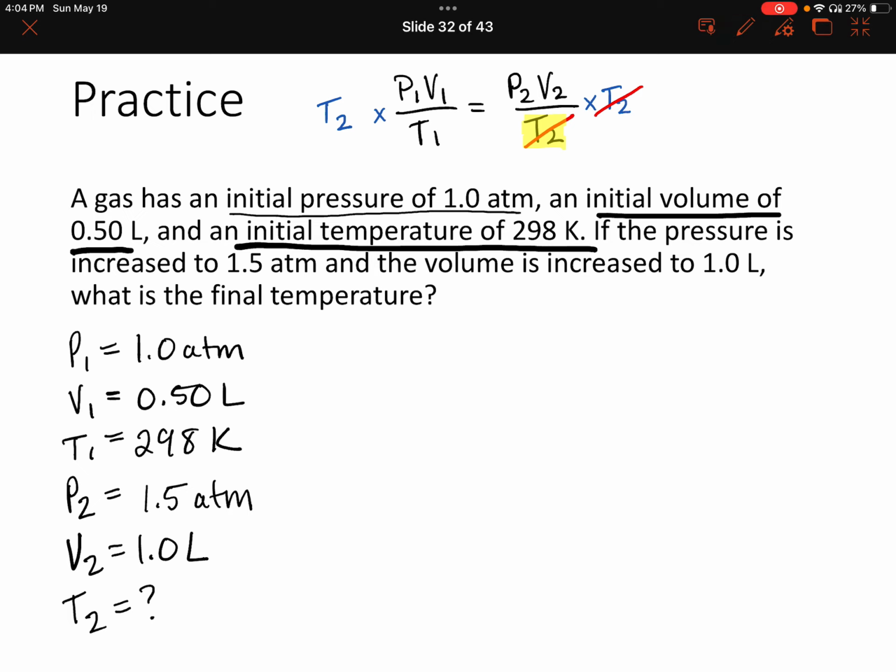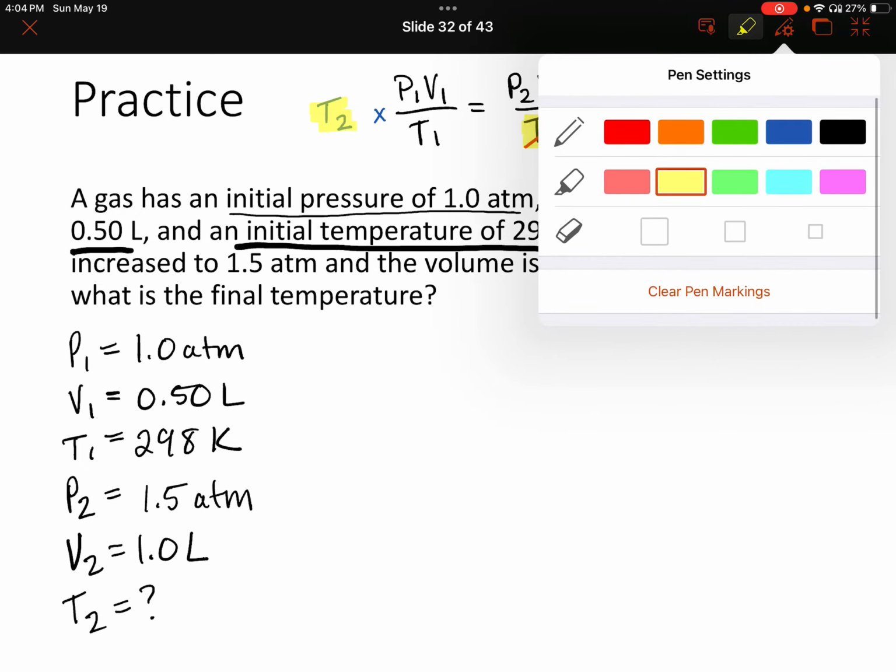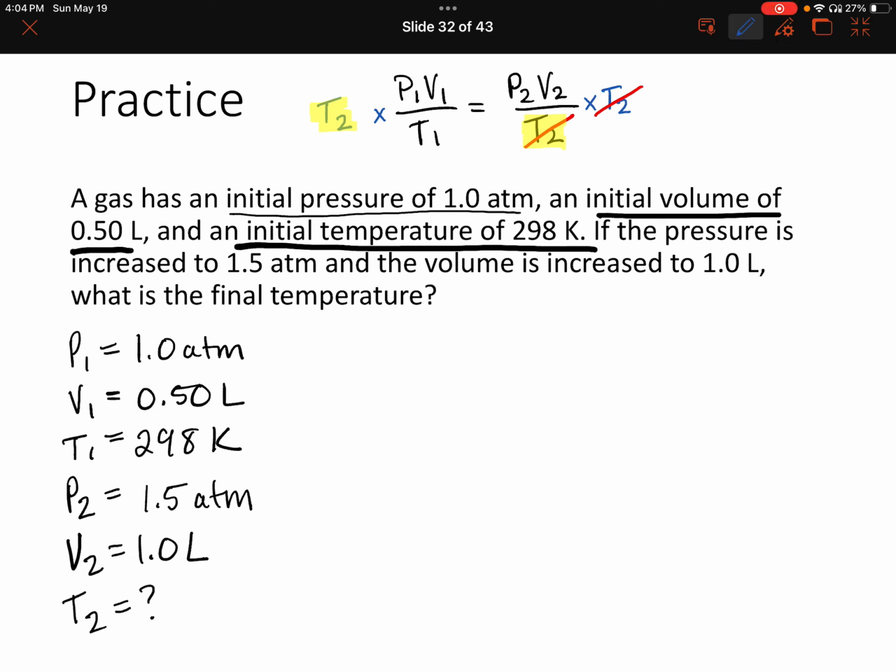Now next, if we want to isolate T2, we have to get rid of P1 times V1 over T1. So what we actually need to do is multiply by the reciprocal of that fraction on both sides. So we'll multiply by T1 over P1 times V1 on both sides.